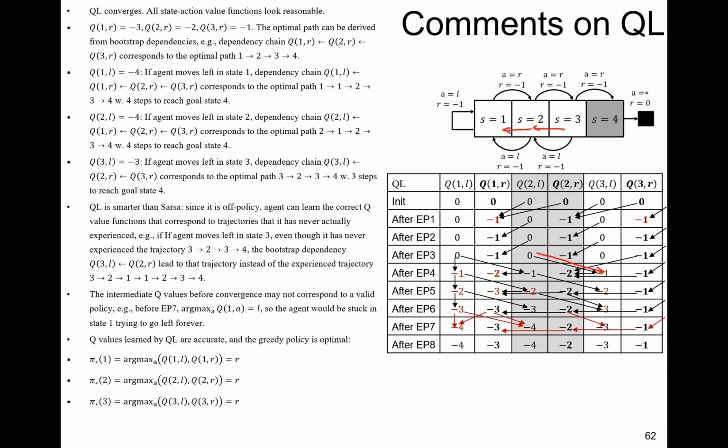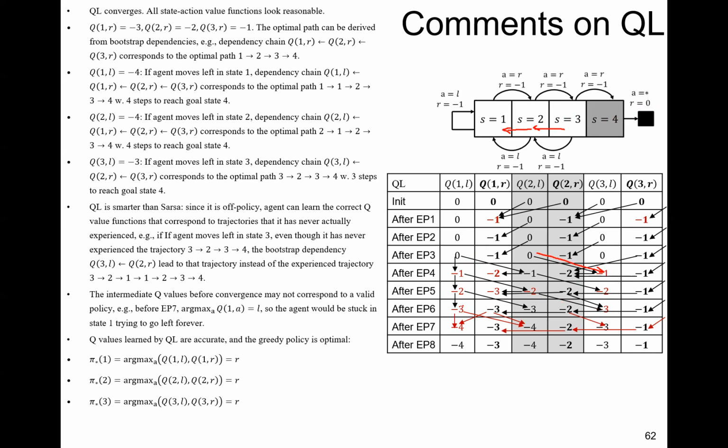But gradually, as it goes through more and more episodes, the Q values of Q1 and Q2, especially Q2 left, grow more and more negative, because the value propagation from the ground truth is slow, so it hasn't reached Q1 and Q2 yet after episodes 4, 5, and so on.